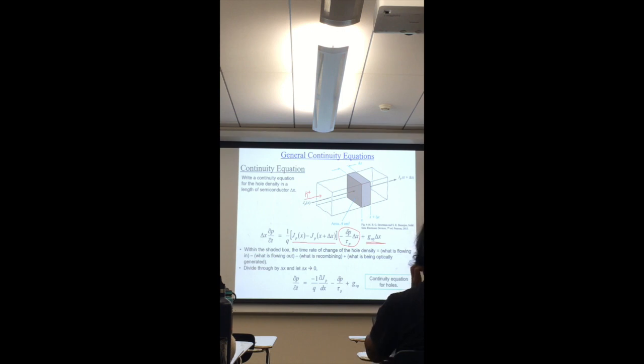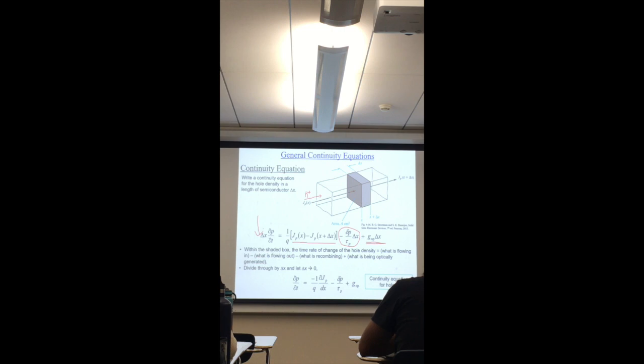So all these can change the hole density. If we consider all these contributions, then we can determine the time rate of change of the hole density. So this is the equation we want to start with.